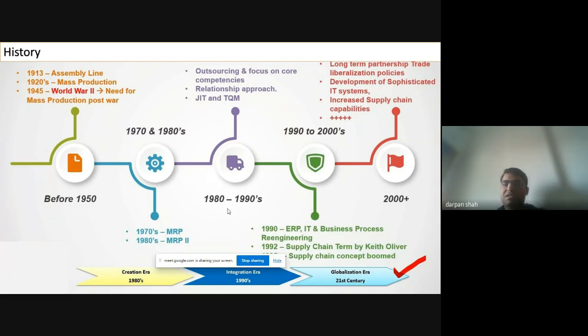After that, ERP came into the picture from the 2000s, which is enterprise resource planning, in which all the key business processes are linked together. And now, looking at sustainability, organizations are focusing more on long-term partnership with each other, and development of a proper IT system which will enable them to monitor the overall efficiencies of the system. So this is just a brief on that.